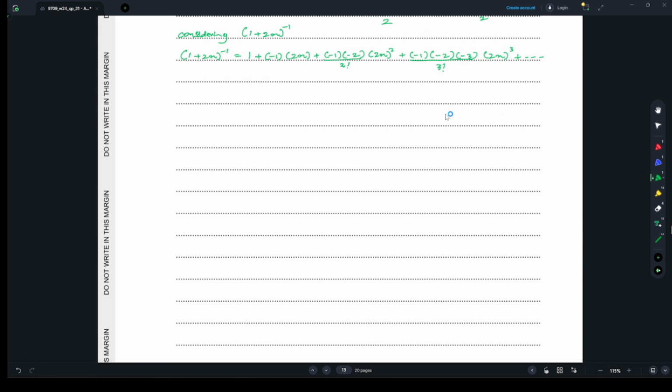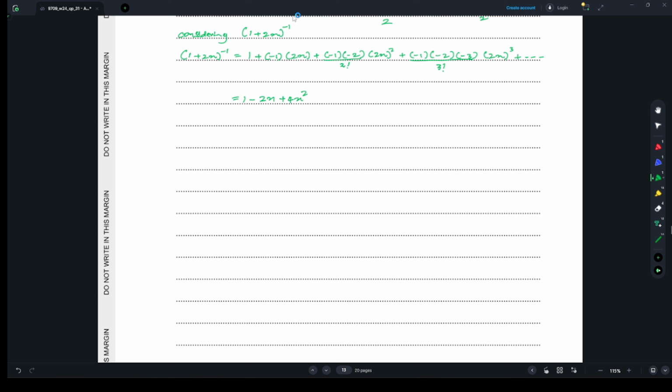Okay, so now I will simplify a little bit here. So we have 1, then here we have minus 2x, and plus, divided by 2, so I will have 4x squared, and then here we have 8x cube, right?